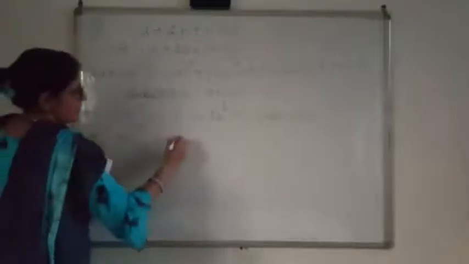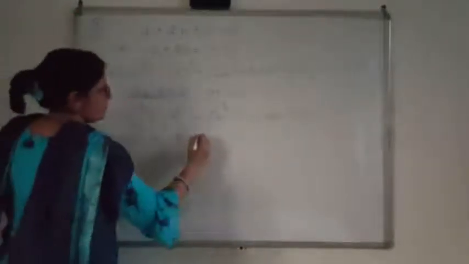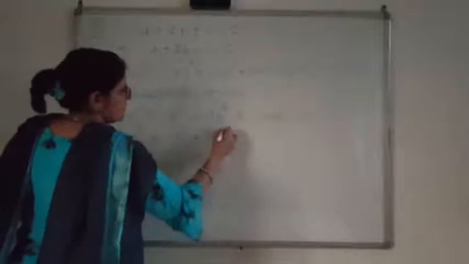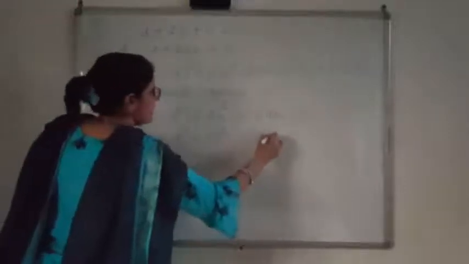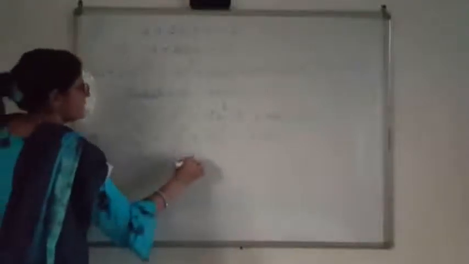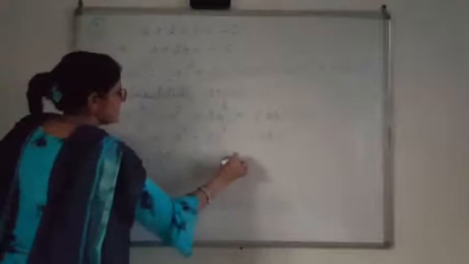So minus c cube is equal to a cube plus 8b cube minus 6abc. These terms we will transfer. So a cube plus 8b cube plus c cube equals 6abc. Hence proved.